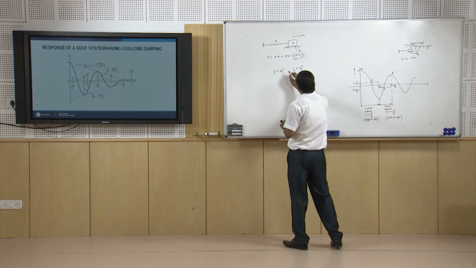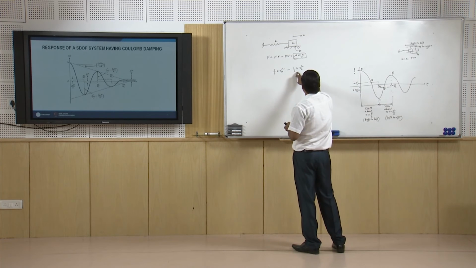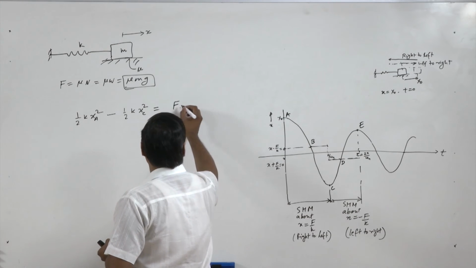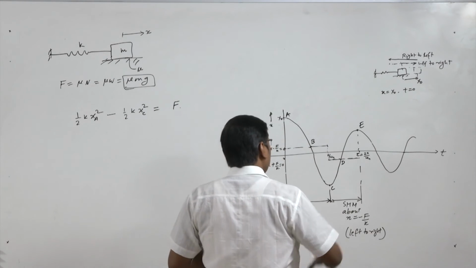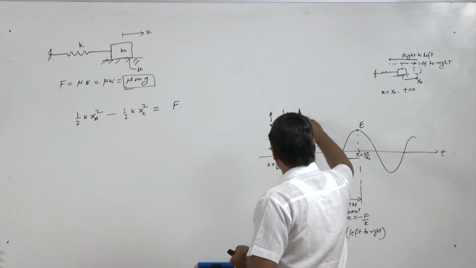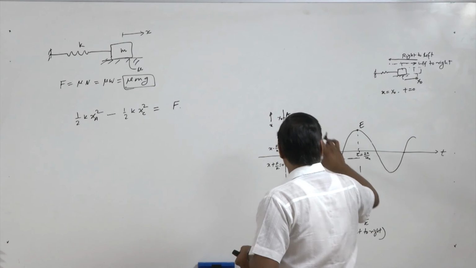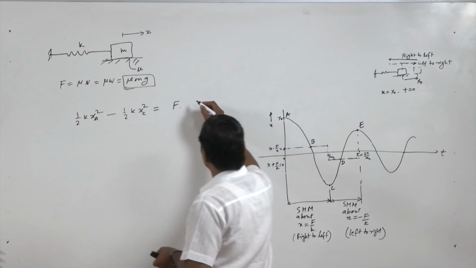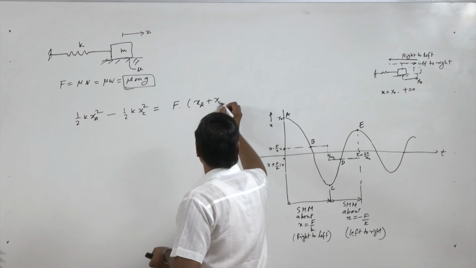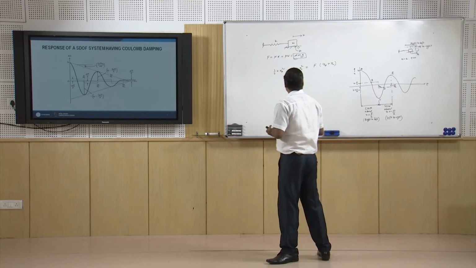So the change in potential energy is half K XA square minus half K XC square, and the friction force is F, and the net movement of this system is XA plus XC. So total this is the movement of the system.